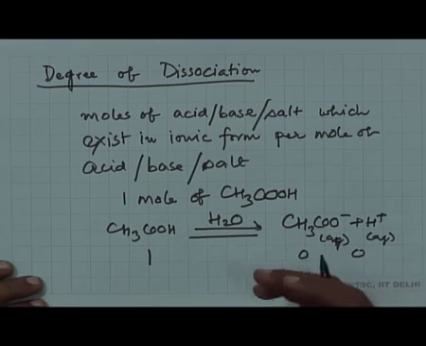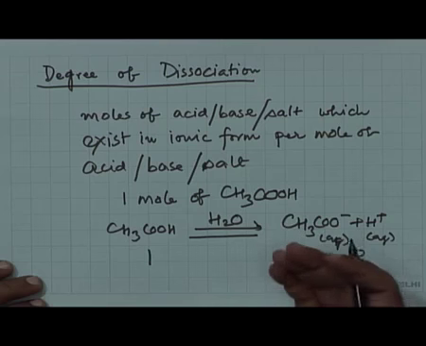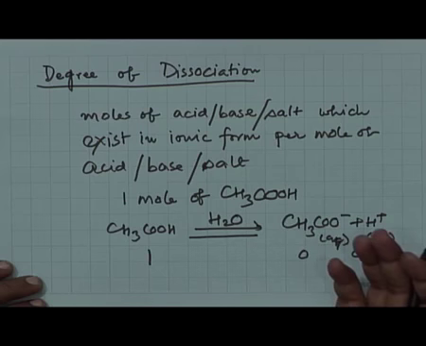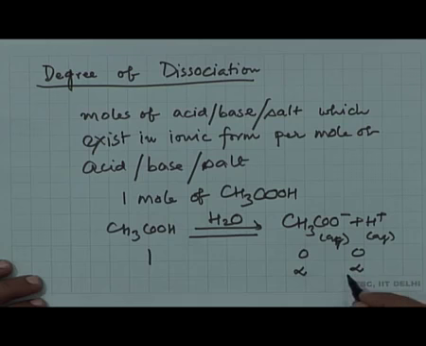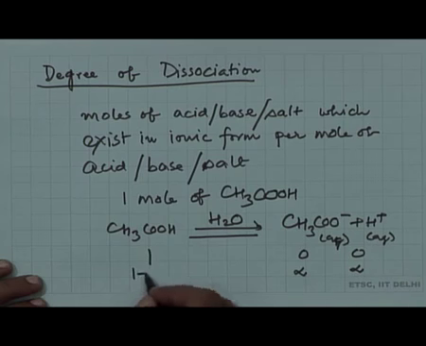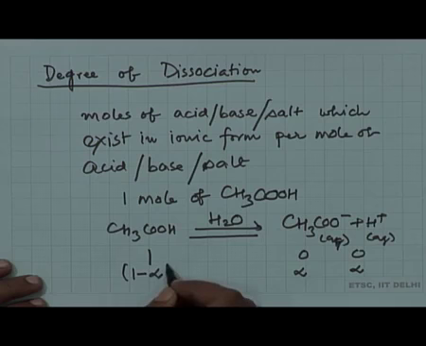For example, if alpha mole of acetic acid goes to ionic form, what does that mean? That alpha mole of acetate ion will be formed, alpha mole of H plus will be formed, and what we are left with is 1 minus alpha.